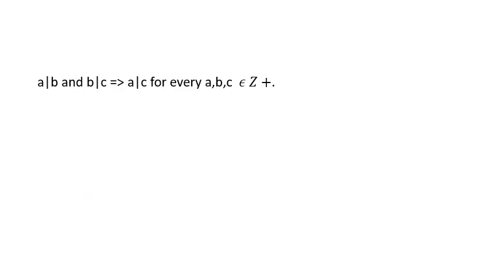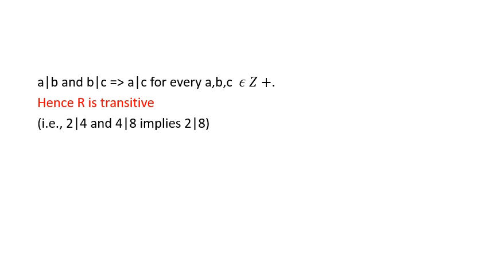Next, transitive. That is A divides B and B divides C. Then obviously we know that A divides C for every A, B, C element of Z plus. Hence R is transitive. See one example. 2 divides 4 and 4 divides 8 implies 2 divides 8. Similarly, 1 divides 2, 2 divides 4 and we can say that 1 divides 4.